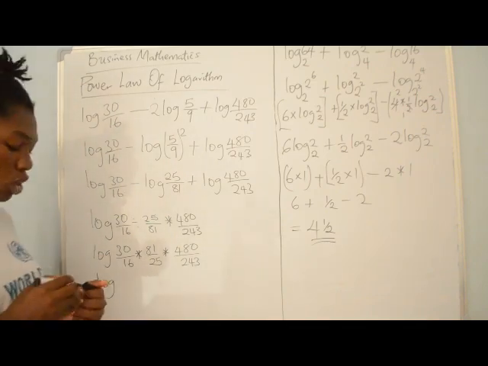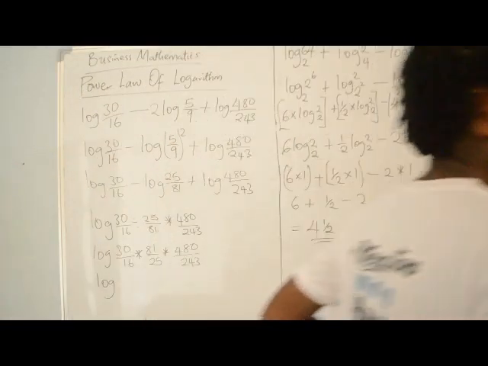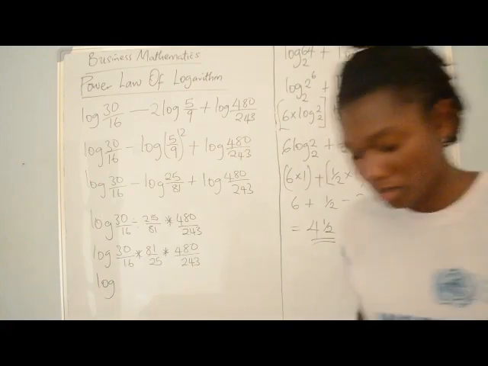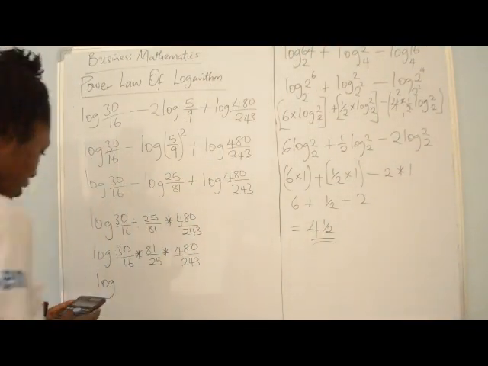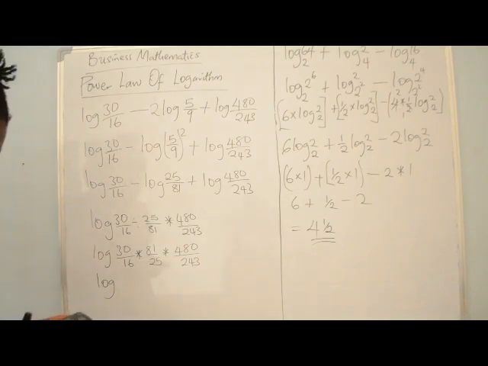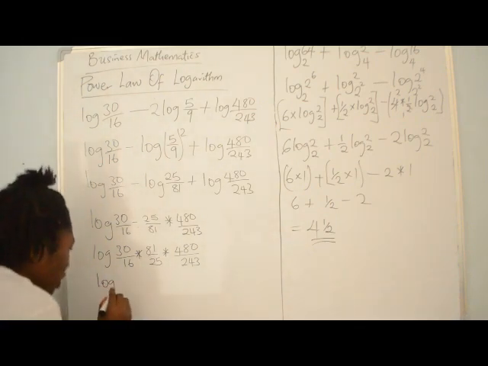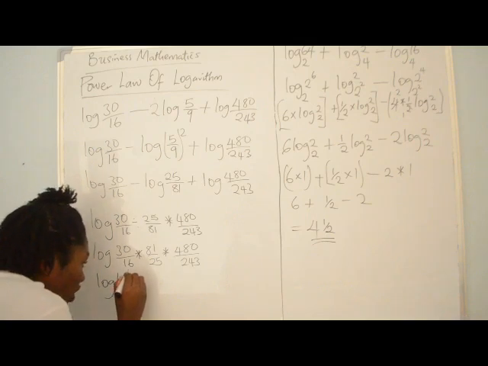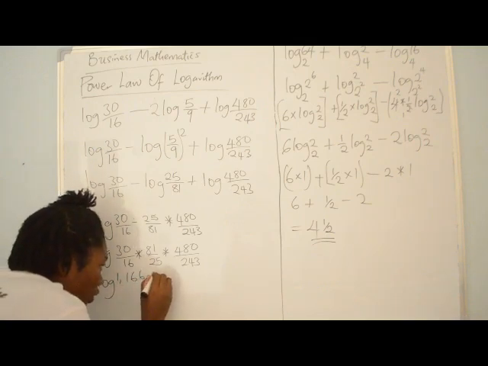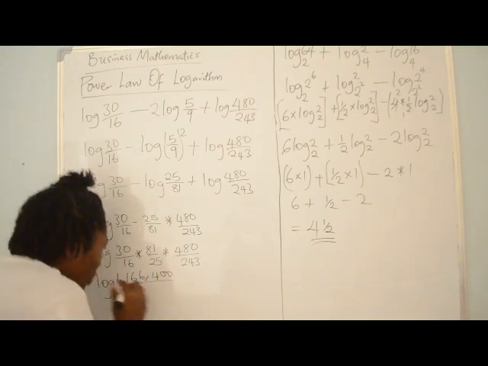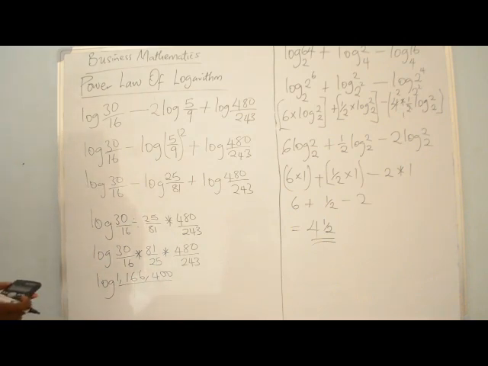So what we are going to do now is simply multiply all the numerators together, right? So we'll be multiplying 30 by 81 and then times 480. Alright, that's going to give us 1,166,400. Now for our denominator, we'll be having 16 times 25 times 243.